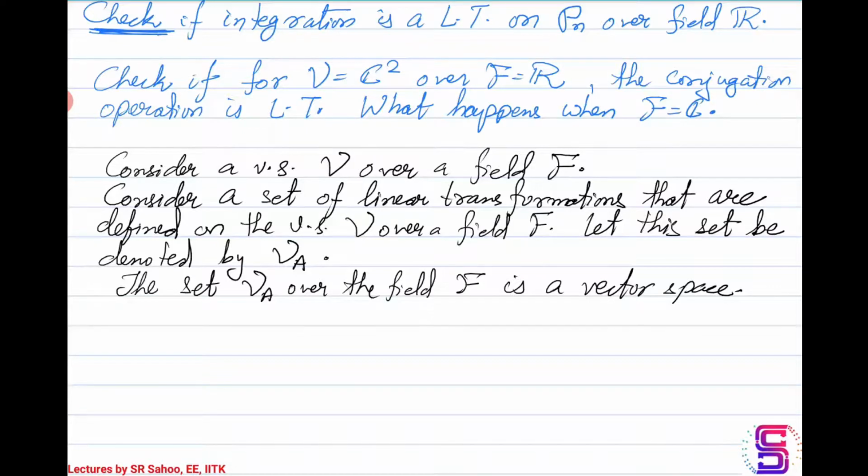So you have a vector space V with which a field is associated. Now you can define linear transforms on this vector space. Find all the linear transforms that can be defined on this vector space and put them together to have a set of these linear transformations.